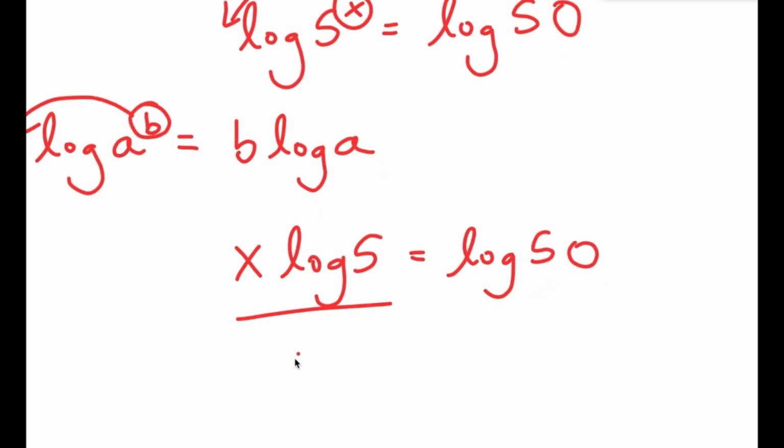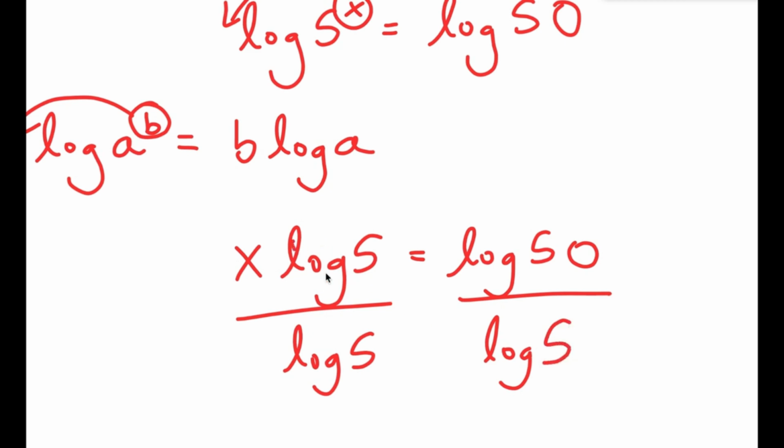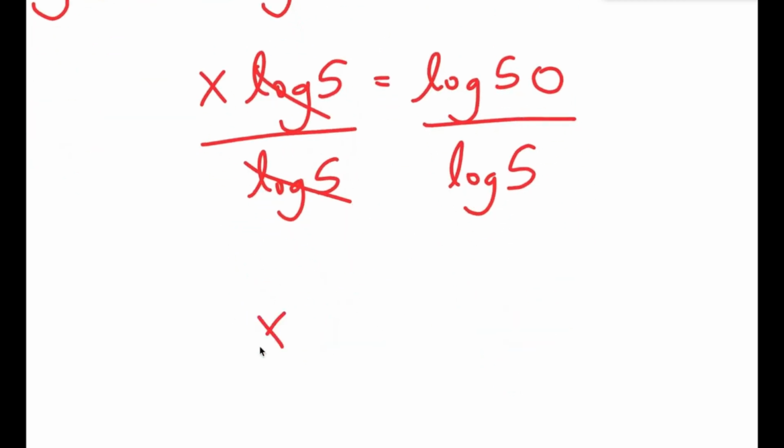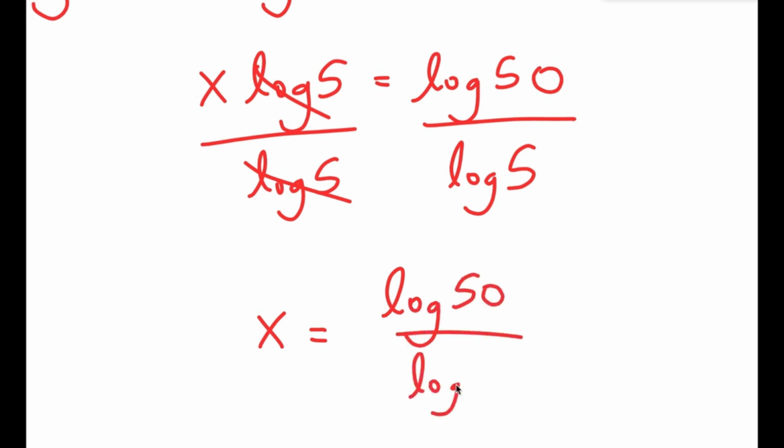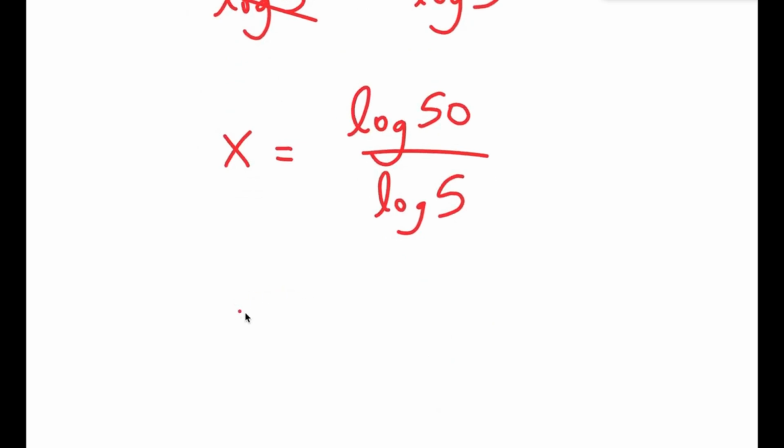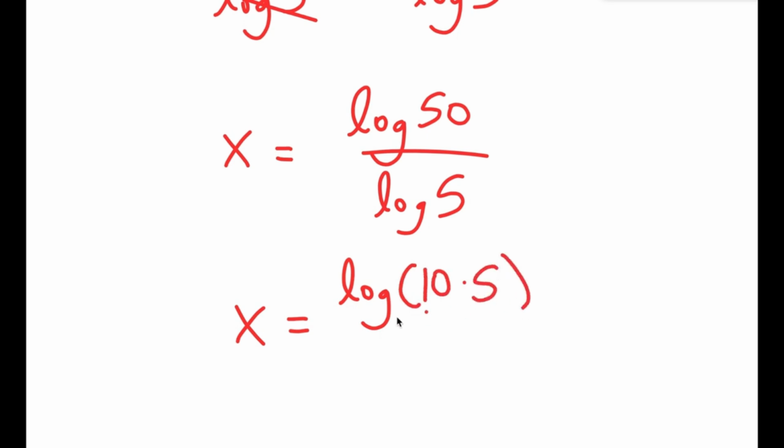Now from here, I'm going to divide both sides by log 5. So then these two cancel out, and I get x is equal to log 50 over log 5. Now I'm going to rewrite this as log of 10 times 5 over log of 5.